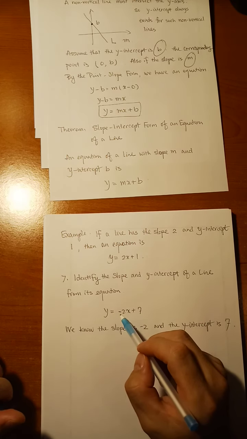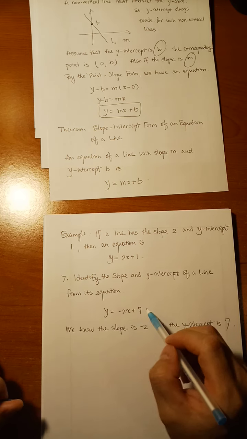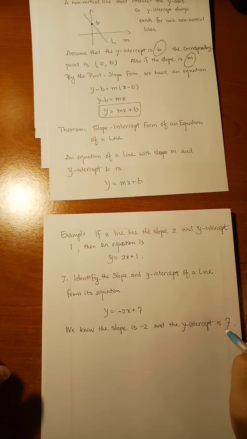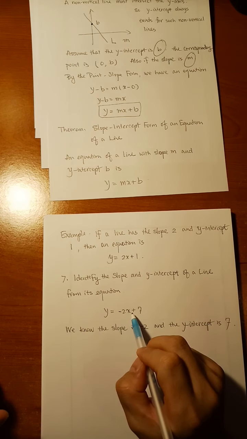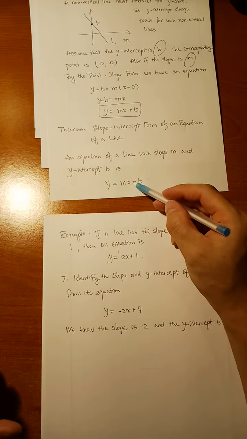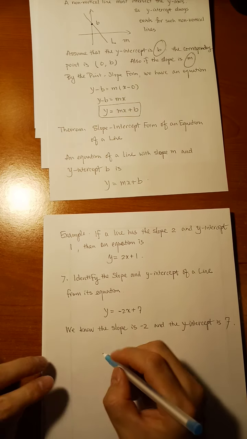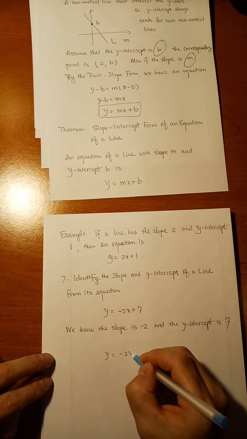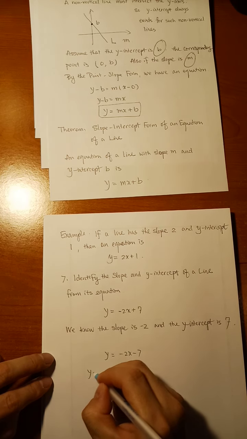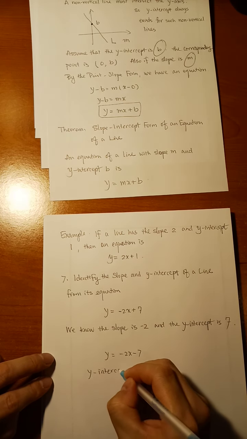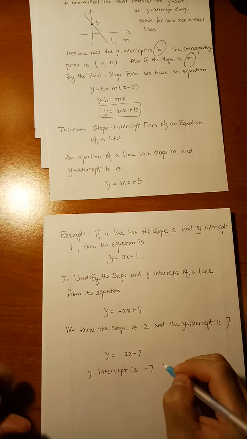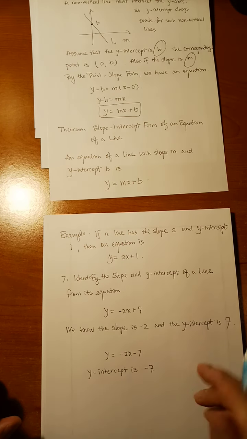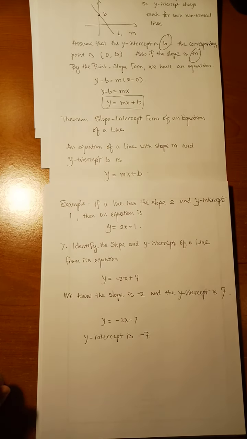If this is negative 2x minus 7, the y-intercept will be negative 7. You must include the sign because it's always addition. So if you have negative 2x minus 7, then the y-intercept is negative 7. Be careful about this. This is the tricky part.